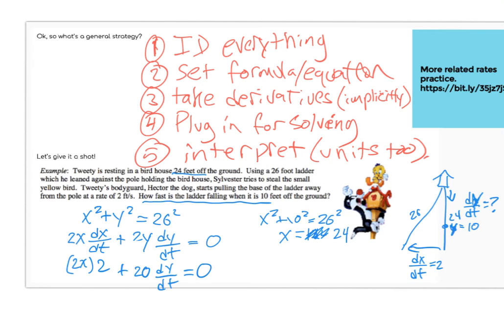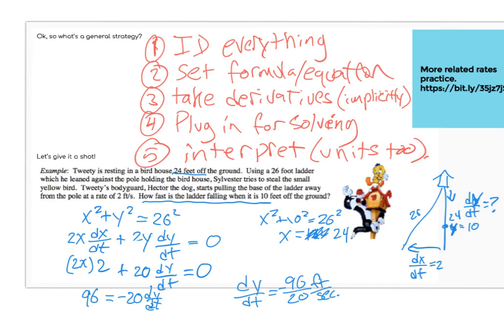So now when I plug this back in, we get 48 times 2, which is 96, is equal to negative 20 dy/dt. Dividing by negative 20, we get dy/dt is equal to negative 96 over 20, and that would be feet per second.